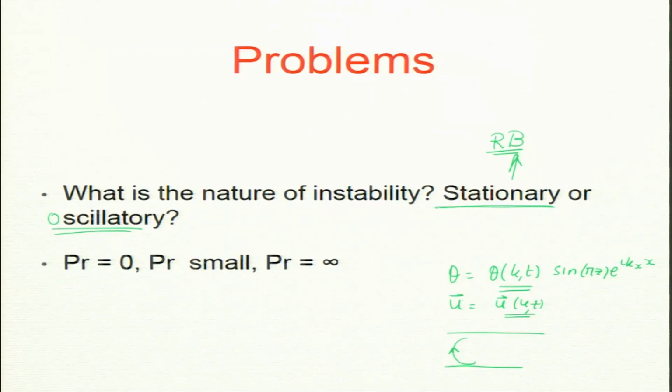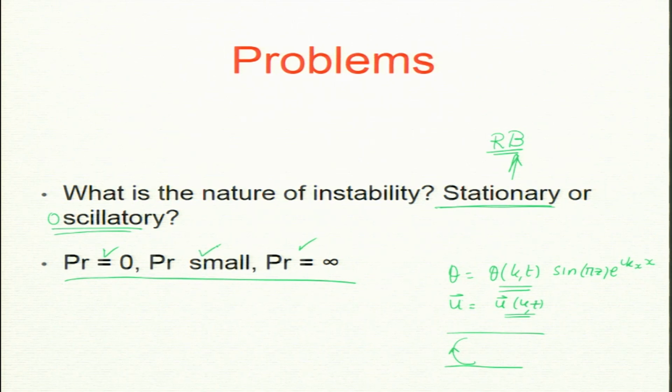Okay. We will do that a bit later, not today, but possibly tomorrow. Now, what I showed you is for a finite Prandtl number, but we can do an interesting study of the extreme cases, Pr 0 and Pr infinity, or Pr small.